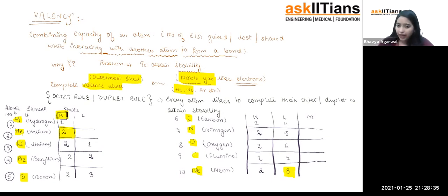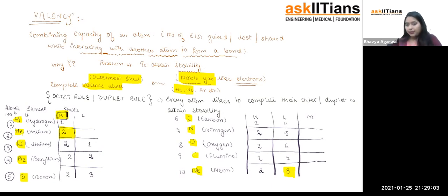Same way, if you look at neon, there are only 2 shells present, K and L, in which L is the last one, last as in which is away or which is the farthest one from the nucleus. So L is the one which is away from the nucleus or farthest from the nucleus. And L can maximum accommodate 8 electrons, and it is having 8 electrons. So it's complete.